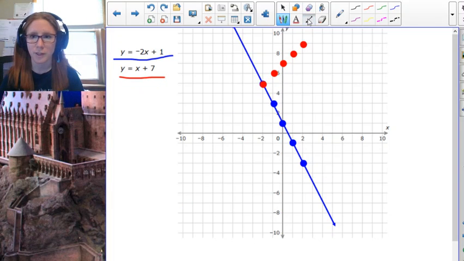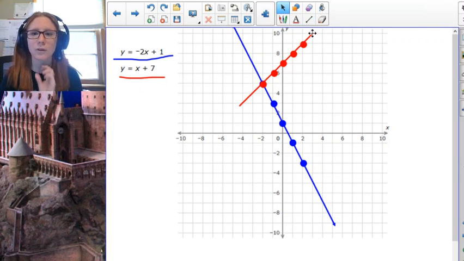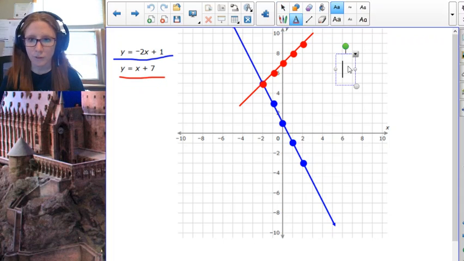I do want to create my line because we do need to be getting in the habit of creating an appropriate line, whether you see the cross or not. So this time we intersect at -2, 5.